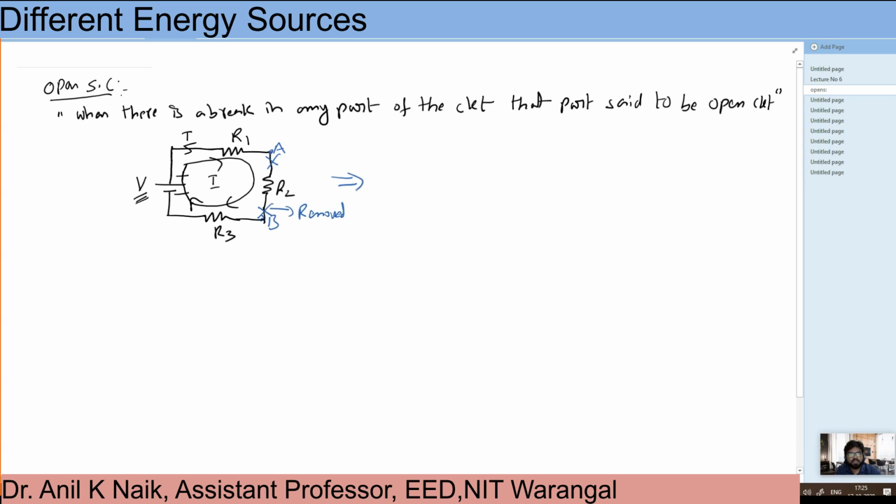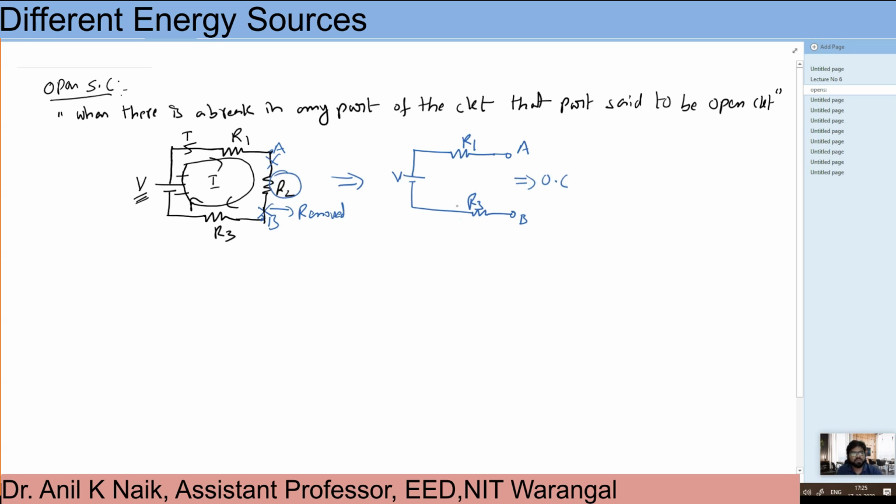Then the equivalent circuit can be drawn like this, with the voltage source, R1 and R3. In between the AB terminal, I'm simply removing this R2 element. So this is called the open circuit condition.